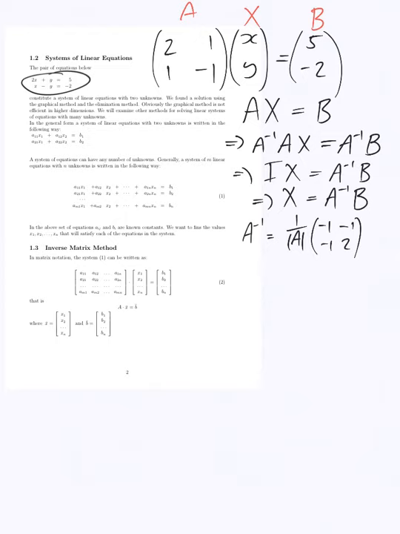So that determinant then, if you go back to the matrix A, that's 2 times minus 1 minus 1 times 1, is equal to minus 2 minus 1 is equal to minus 3. So the inverse of A is equal to minus 1/3 times this matrix.